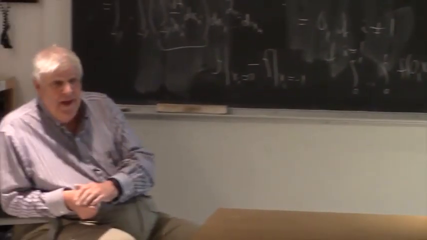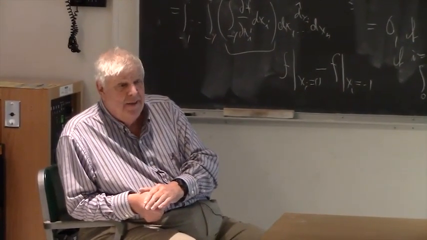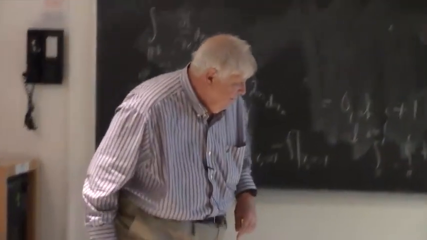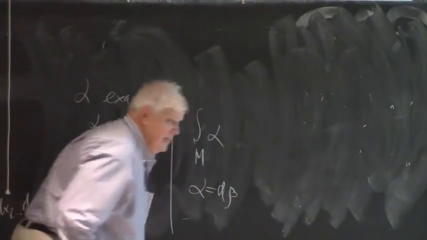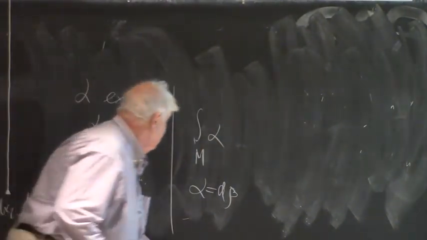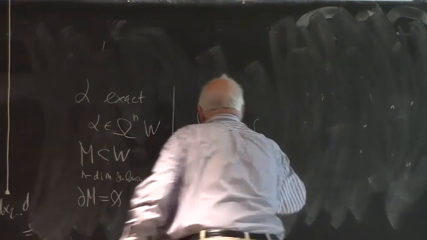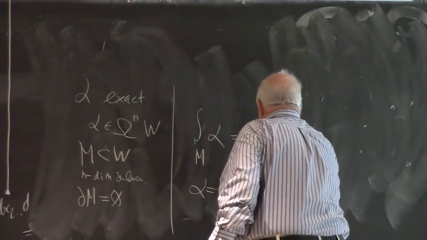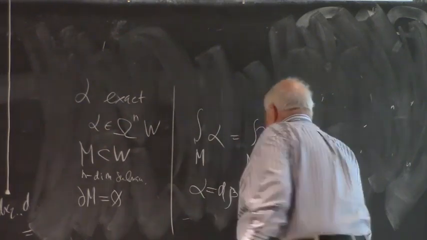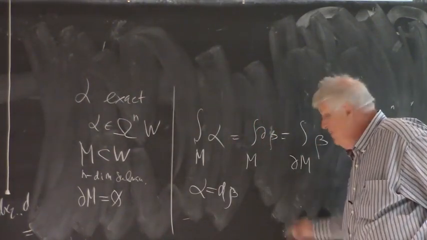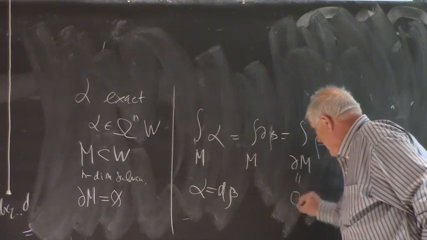Why? This is because if α is dβ, which precisely means that the form is exact, then this by the Stokes theorem is this, but this is empty.